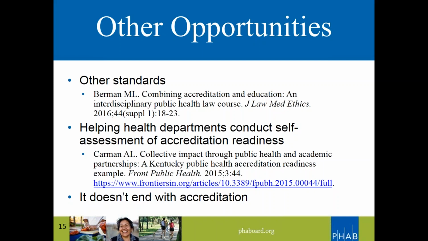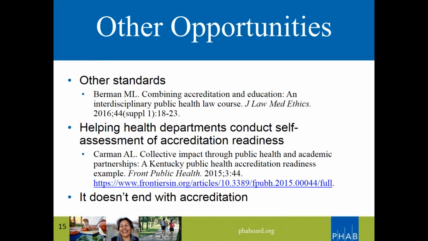Another approach, and I have a reference here for one of the articles, is about actually helping health departments with their readiness. So before health departments apply to PHAB, we really hope they've taken some time to go through and see how they do against the standards and measures and identify gaps and then work to fill them.